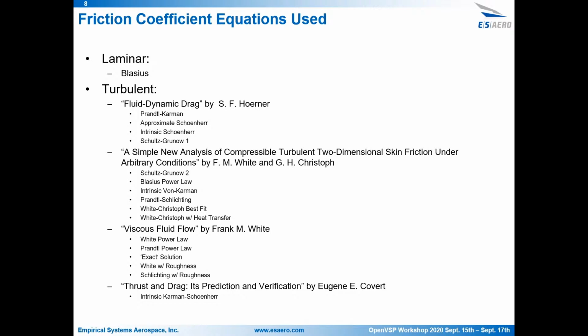As far as the equations that are used, for the laminar, there's only the Blasius equation, and then for turbulent, you have several other equations here. A lot of the in-depth information is provided on the parasite drag wiki. I won't go into any of these in detail, but it is available on the wiki site.